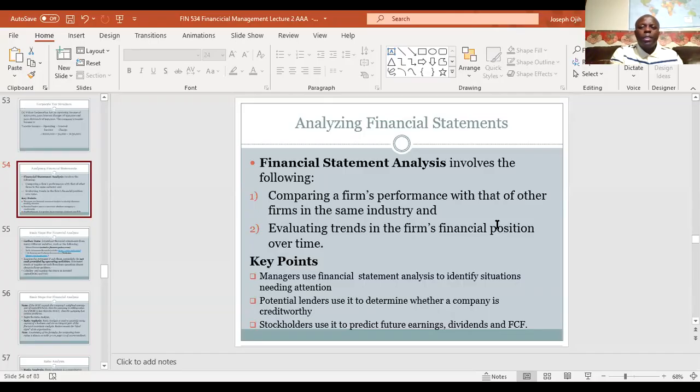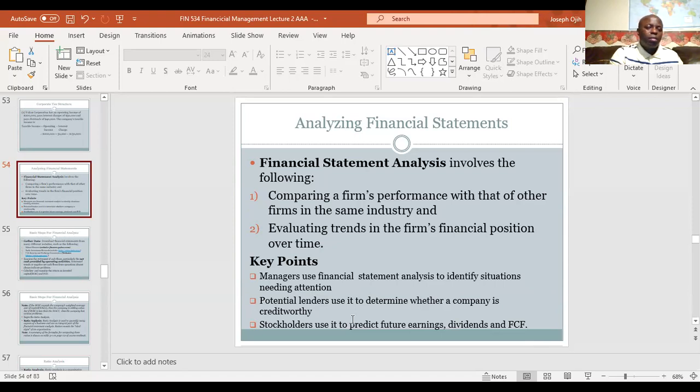Now, financial statement analysis simply means comparing the firm's or a company's performance to the industry, and also evaluating some of the trend in the company. And when I say trend, I mean with respect to their financial position over time.